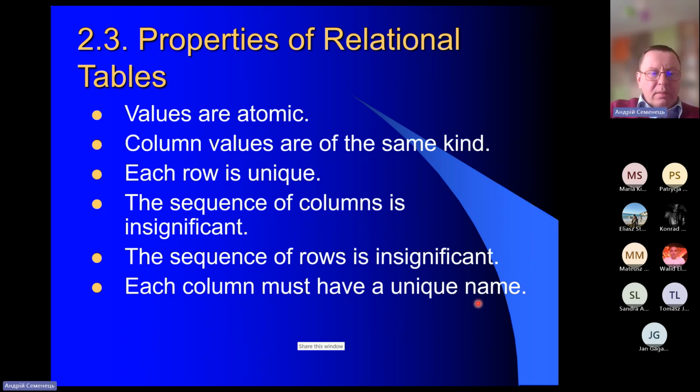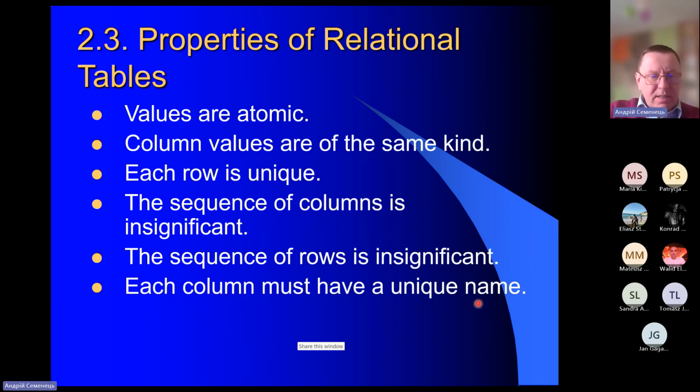Anyway, even in this case, the second requirement will be in place. Column values should be of the same kind, like information about name or email or JSON string. Okay, but it has to be a JSON string then. Each row should be unique and different from the previous by the value of at least one field.